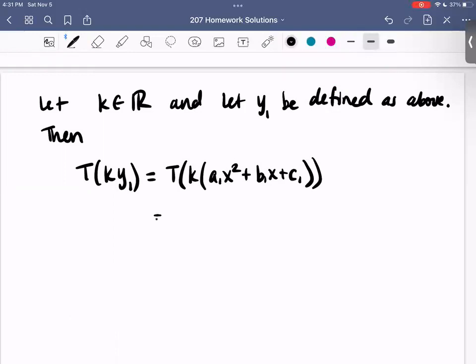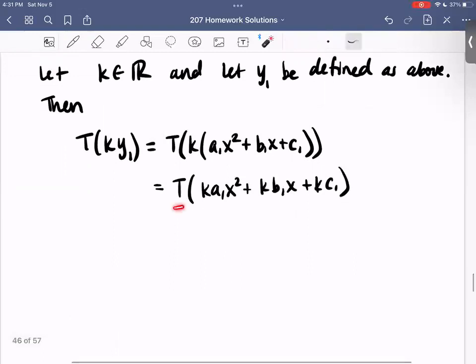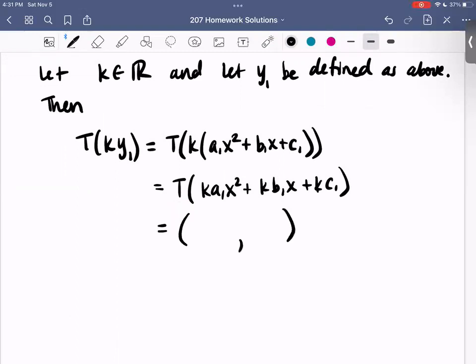All right, so this looks like T of ka1x squared plus kb1x plus kc1. And now we're going to apply the transformation. The transformation says that I will end up with a vector. And what goes in the first component is I take the sum of whatever is multiplying x squared and x.